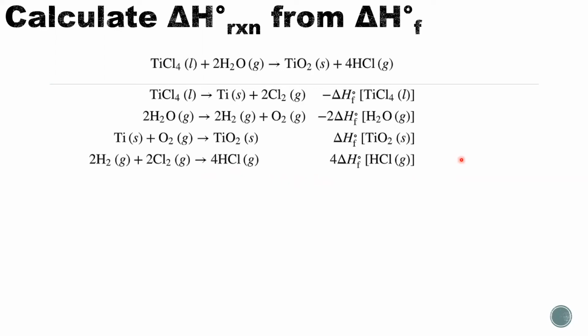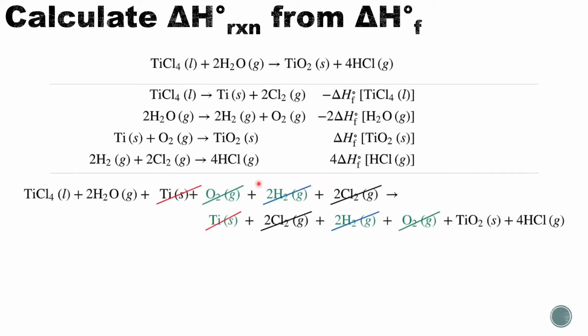All right, so if we add all of them together, we can cancel out the similar items on both sides. We can cancel out the titanium solid from left and right, oxygen gas phase from left and right, 2 hydrogen gas from left and right, and 2 chlorine gas from left and right.